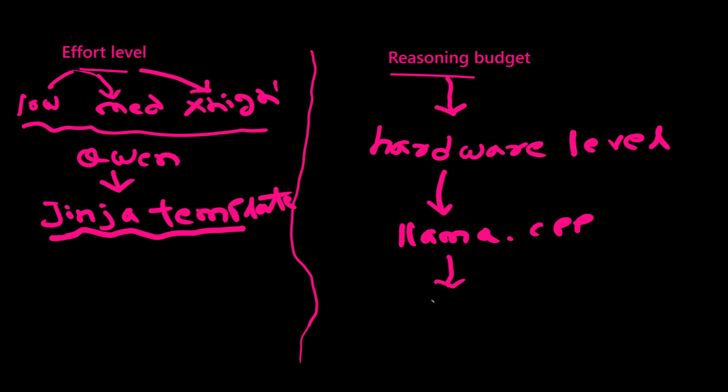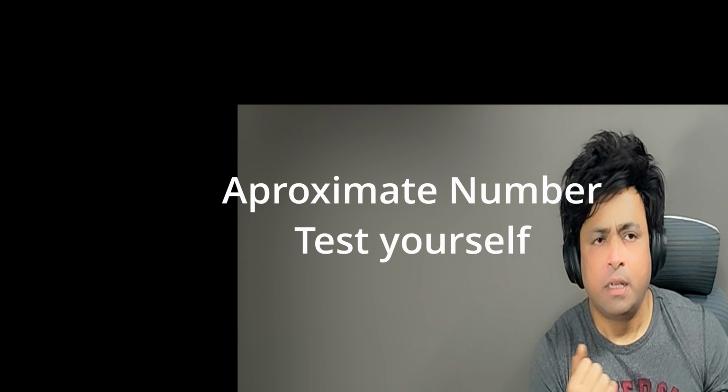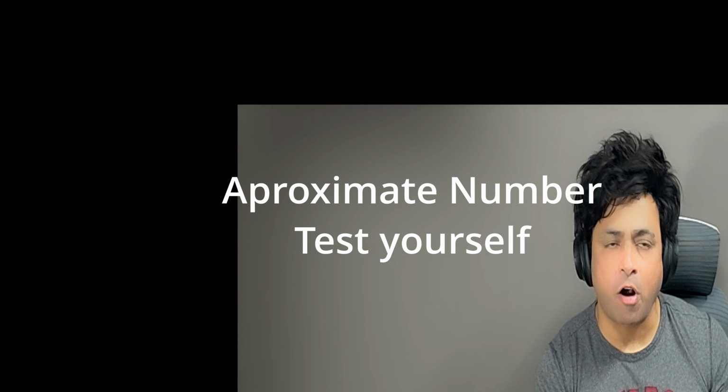Think of it as a limit on how long the model can think before it's forced to stop. For instance, if you set the thinking effort to medium, you might want to cap your reasoning budget at 4,000 tokens just to prevent the model from rambling on forever.